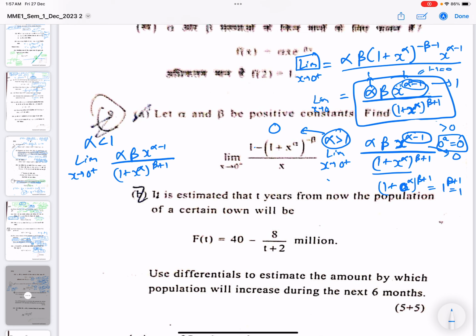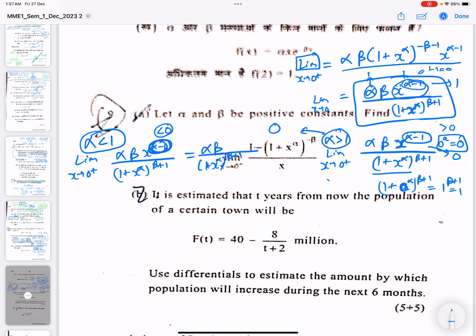Now when alpha is less than 1, alpha minus 1 would be less than 0, so this power would be negative.